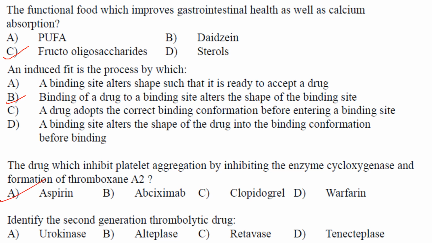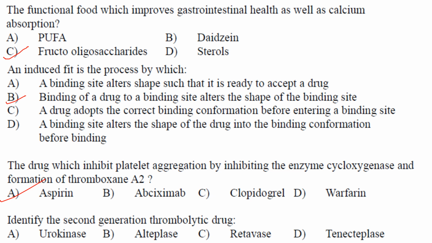Abciximab is a monoclonal antibody. It inhibits glycoprotein IIb/IIIa receptor and prevents platelet aggregation. Clopidogrel, again an ADP receptor antagonist, inhibits platelet aggregation. Warfarin, it is an anticoagulant and it inhibits vitamin K dependent clotting factors.